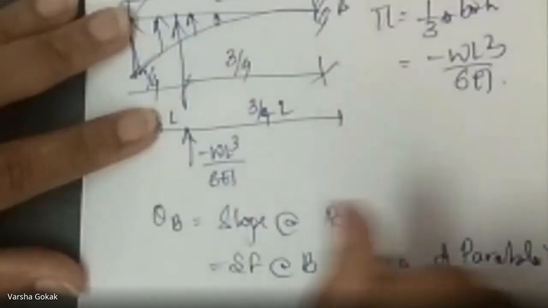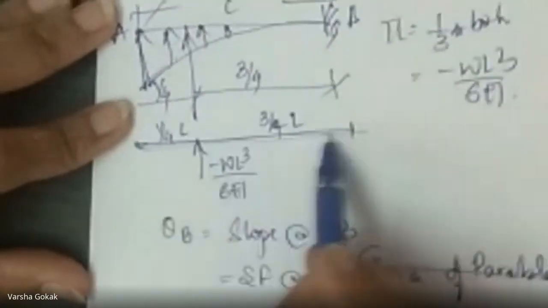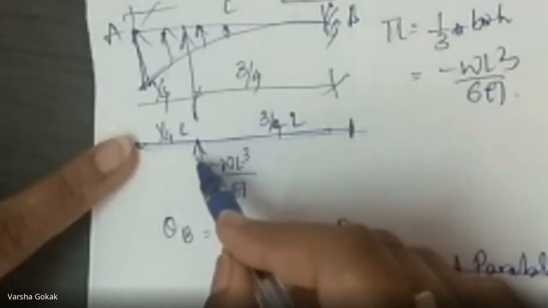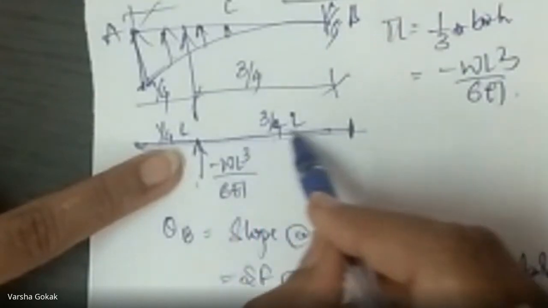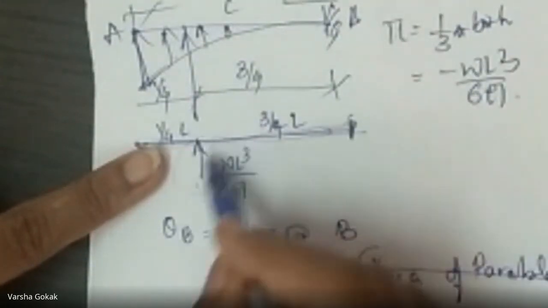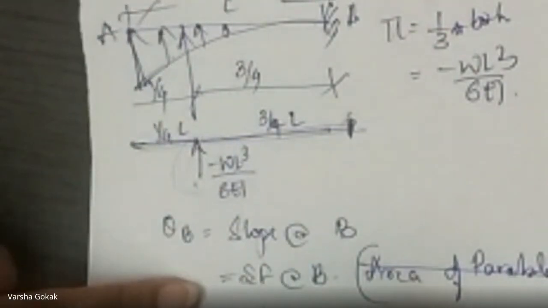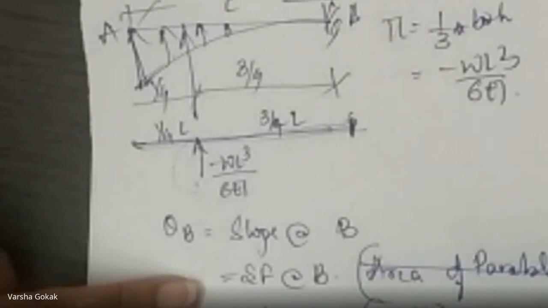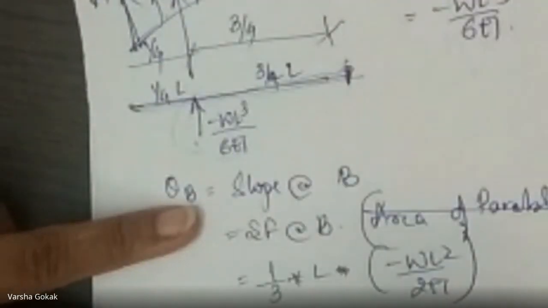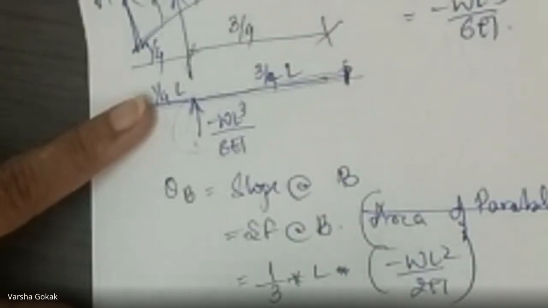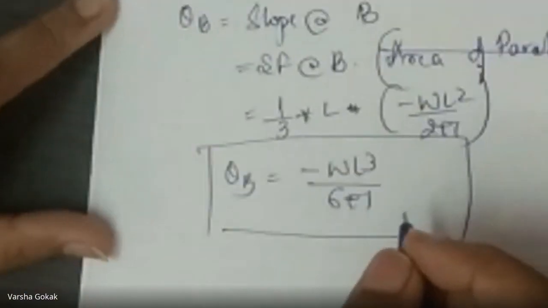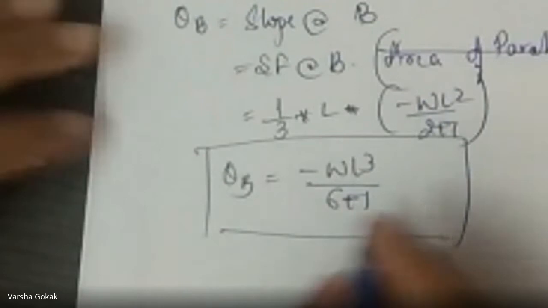Or if you don't want the area, look at this beam. I want the shear force at this point. Here there are no loads, here there is a load, here again there are no loads. That means this value itself is the shear force value. So the shear force at B you will write as 1/3 base into height, which is minus WL square by 2EI. That means it is minus WL cube by 6EI, theta B. That is the slope at point B.